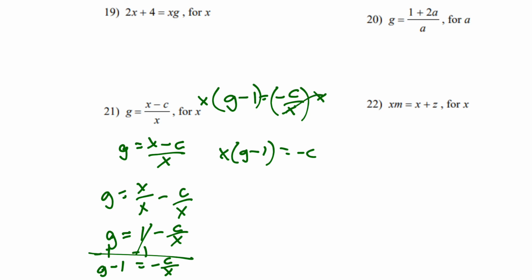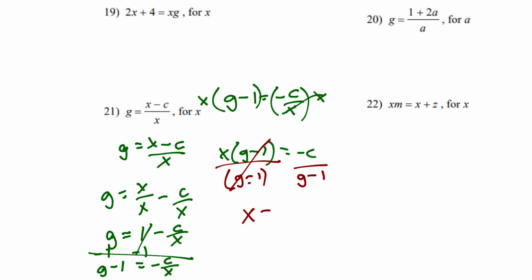All right. Now I need to get x by itself. So this is very similar to that first problem. And to do that, x is very close to being by itself. So I'm going to go ahead and divide by g minus 1 on both sides. And this will cancel out, okay? Because g minus 1 divided by g minus 1 is just going to be 1.